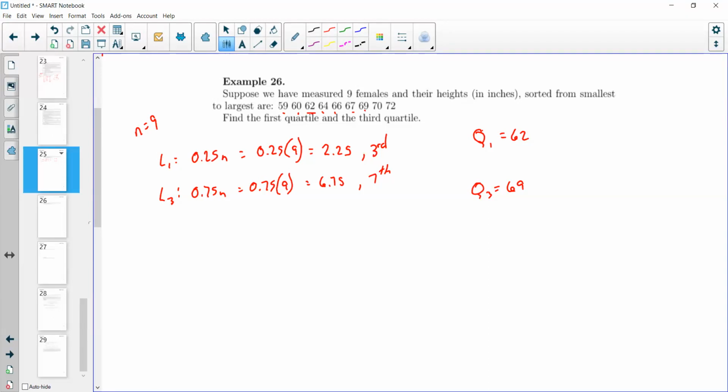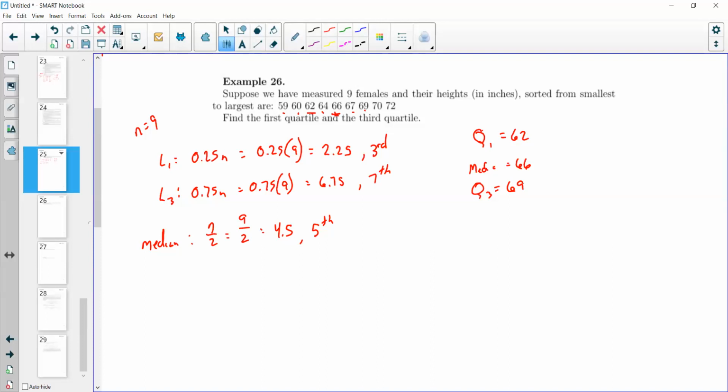And while we're here, why don't we practice finding the median? So for the median, we say n over 2, 9 over 2, which is 4.5. So we bump it up to the 5th data point, which is 66.